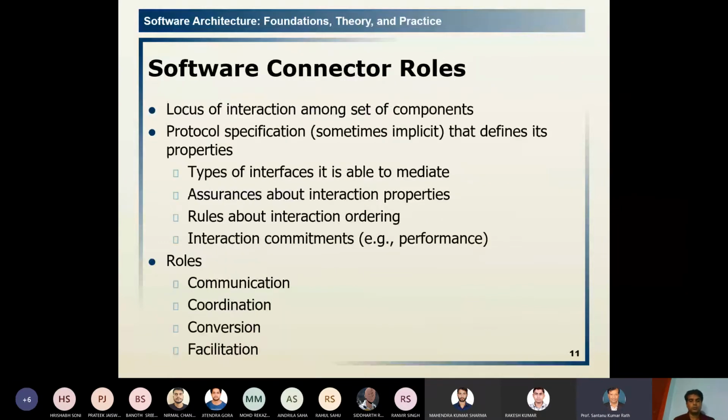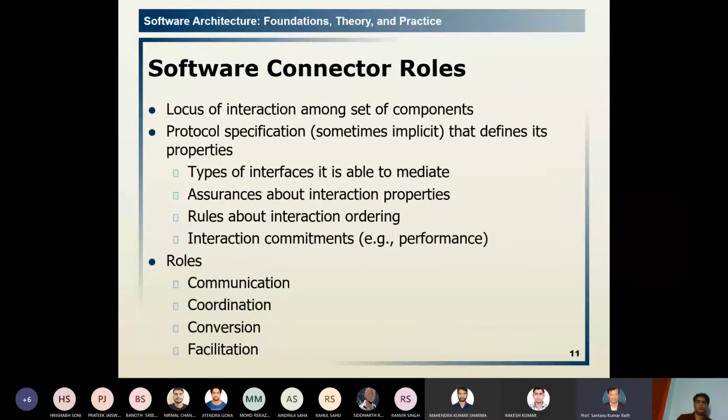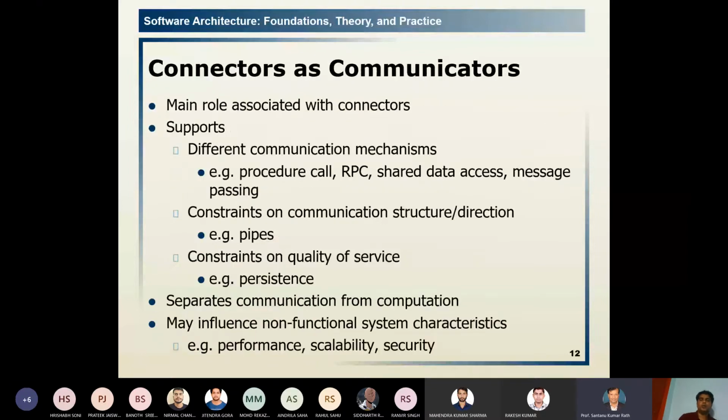How it helps to communicate, to coordinate, to convert, to facilitate. Okay, go ahead. Next. Each one we will cover: the connector is the communicator, the converter, the coordinator, or the facilitator.